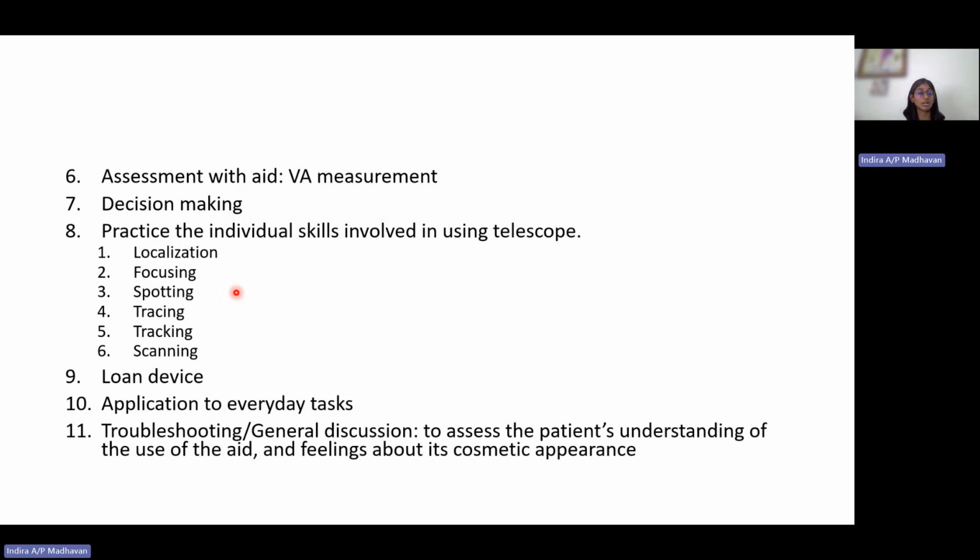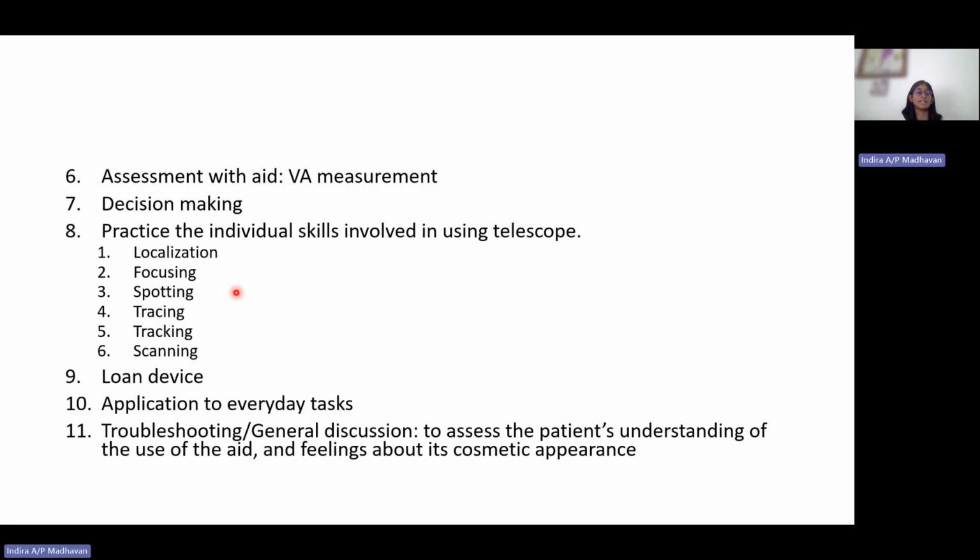If you prescribe them for 1,000, they go back and then they won't use it. Sometimes it sounds good while listening to it, but when you want to do it right, it's not good. It's not comfortable for the patient. They don't like the smaller field of view. So if the patient doesn't want it, then it's okay. That is scenario number 2.